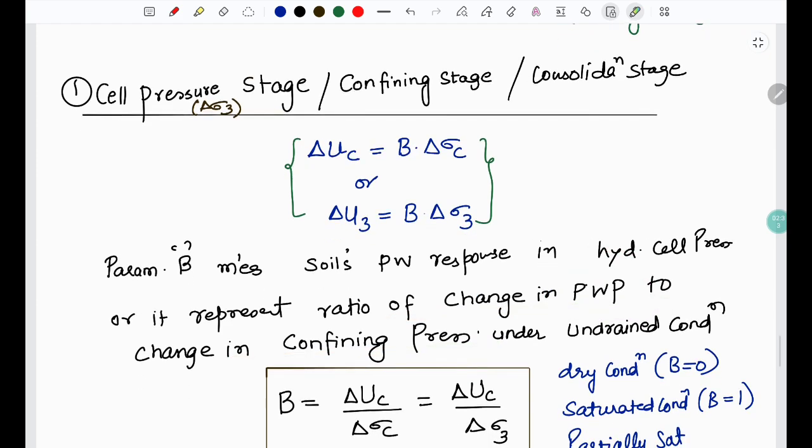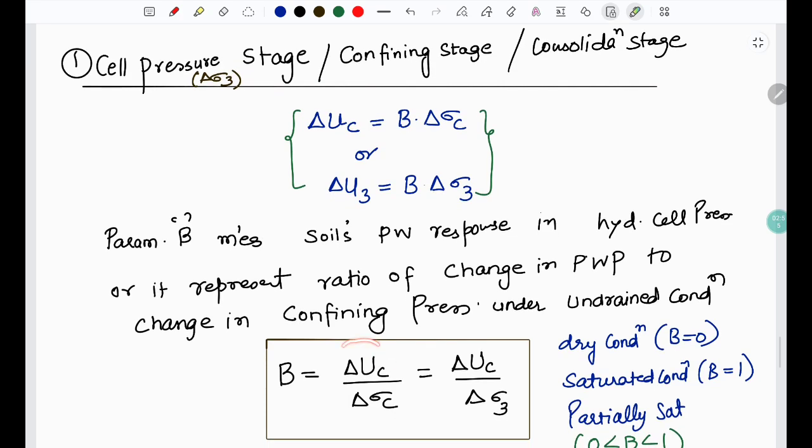That is, how much change occurs in pore water pressure due to a change in confining pressure is measured by the parameter B. So this is represented by the formula delta U C by delta sigma C, or delta U C by delta sigma 3. In dry condition the value of B is 0, in saturated condition the value of B is 1, and in the case of partially saturated it is from 0 to 1.